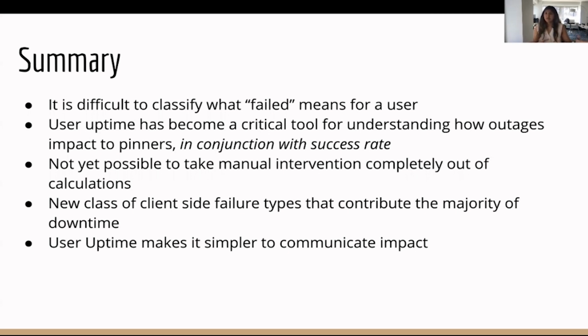And Pinterest really wants to put pinners first, and that's one of our core values. And so being able to take server language and code and things that we try to explain using infrastructure language, and translate it to: this is a bad user experience, and this is how much time users are spending on failed Pinterest because of this problem, makes it easier to communicate that impact and get it prioritized.